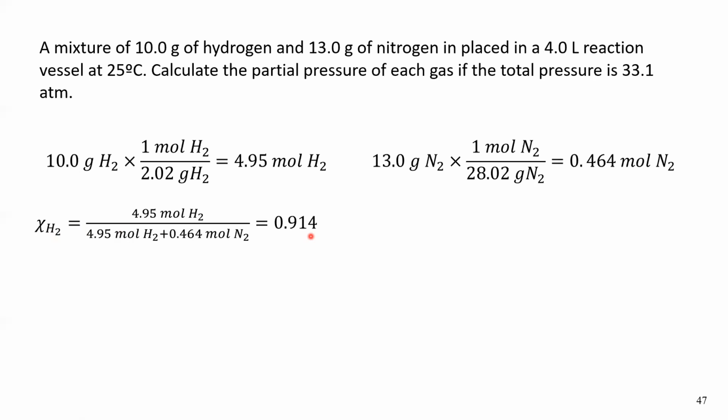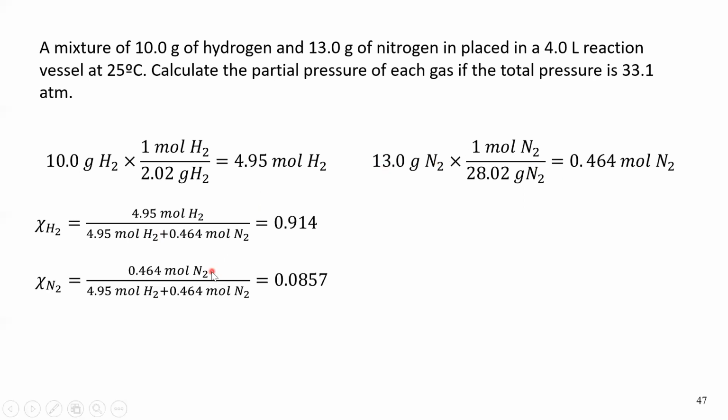So use this as your model and figure out what the mole fraction of the nitrogen is in our mixture. So we would take the moles of nitrogen and divide it by the total number of moles in our mixture. And that gives us the mole fraction for the nitrogen.